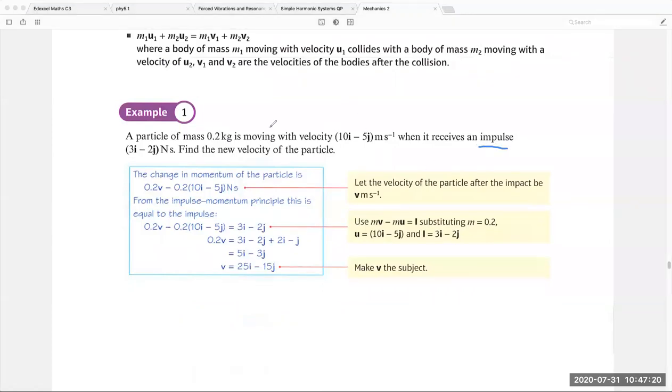So impulse is a change in momentum. That means this one equals the mass times the final velocity minus the mass times the initial velocity. And then you can see how we can get the answer.